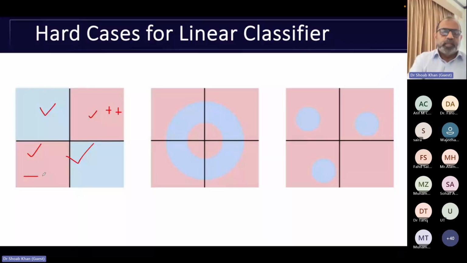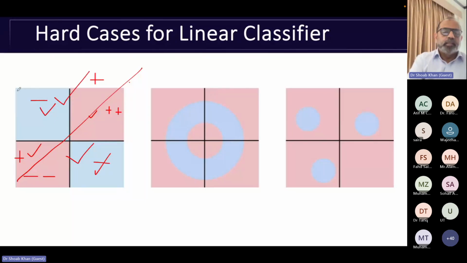Once you multiply them together, both give you positive. The multiplication of the signs will make two positives, and here you are always going to get a negative product. So it's very difficult. Obviously, where are you going to put the line? Even if you give it to any person and say you only have a line to separate these two features, if you put this line here and say this is the blue and this is the red, again 50% error.